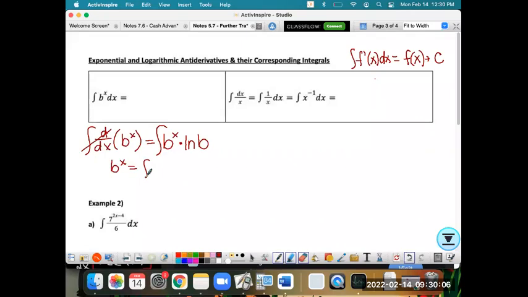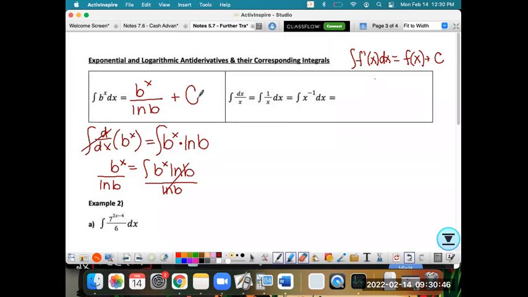And excuse my lack of proper notation here. I end up getting a situation like this. Well, if I just want to know what the integral of b to the x is, not the integral of b to the x ln of b, I could divide that ln of b to the other side, again, because it is just a coefficient. So the antiderivative of the general exponential is b to the x over ln of b plus c.